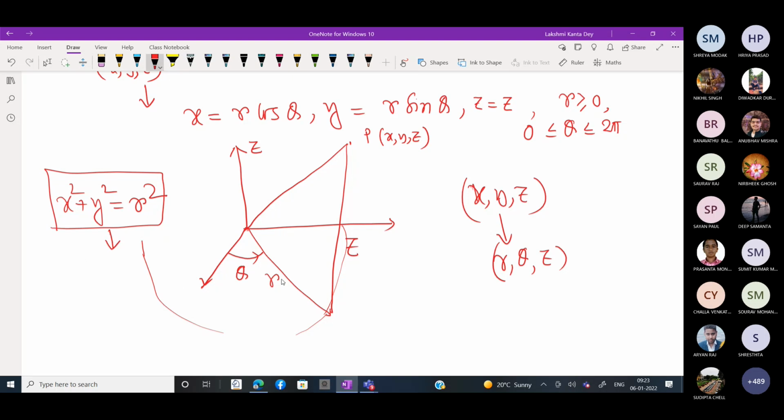And ultimately, since your theta is having the full rotation, meaning 0 to 360 degrees, that means ultimately we are getting a cylinder. And whatever the equation of the cylinder, just r equal to a here, any positive constant you can tell.